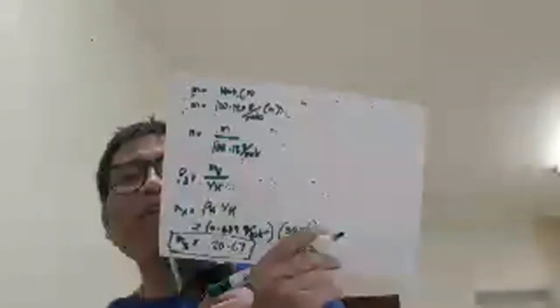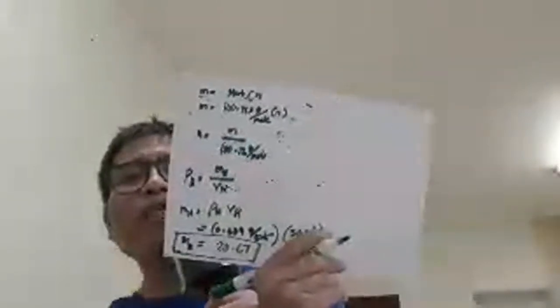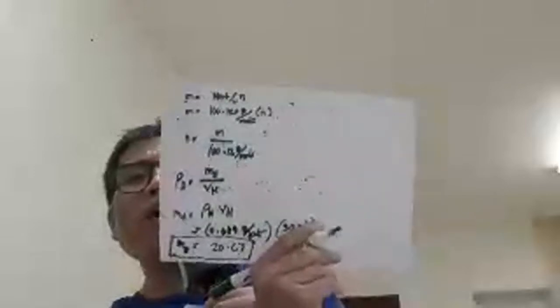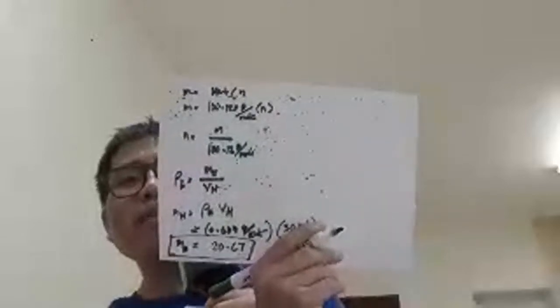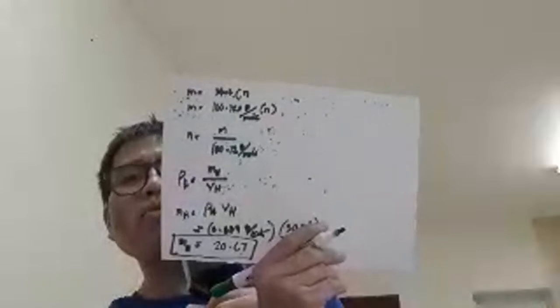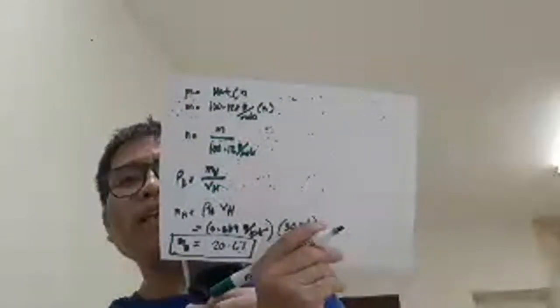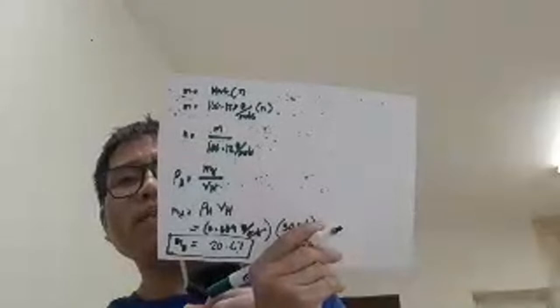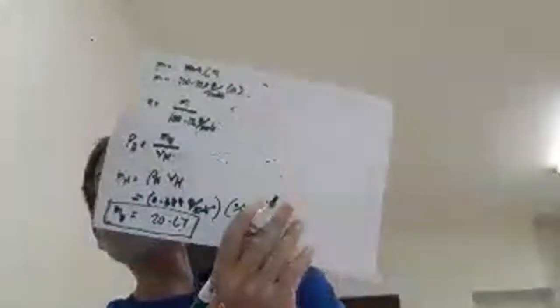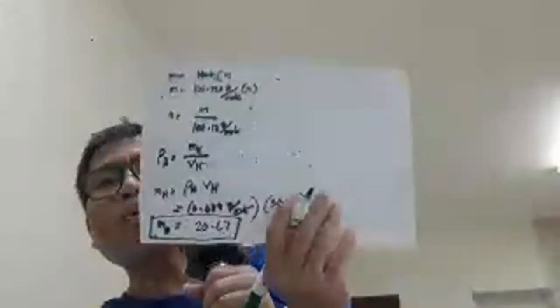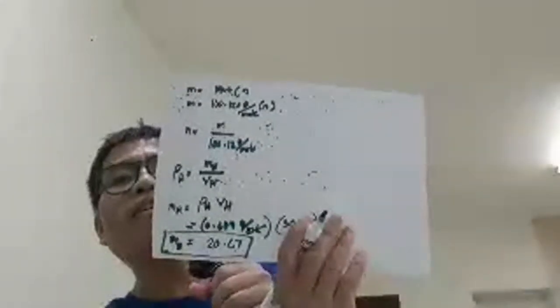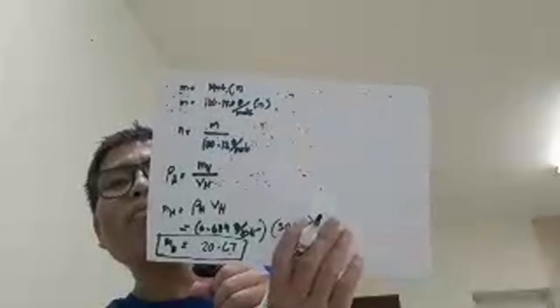Since we have the volume of heptane and we have the density of heptane, by basic mathematical operation, you need to solve for the molar mass of heptane, which will be equal to 20.67. So now we can substitute in the upper portion. So you have now completed the data.